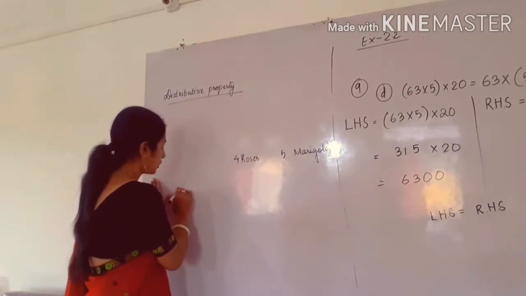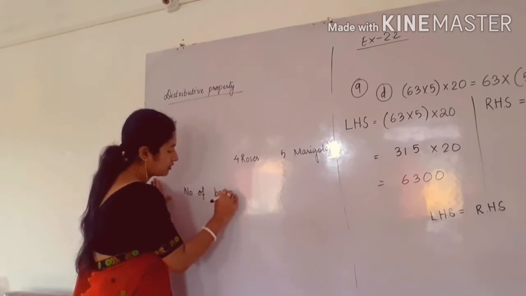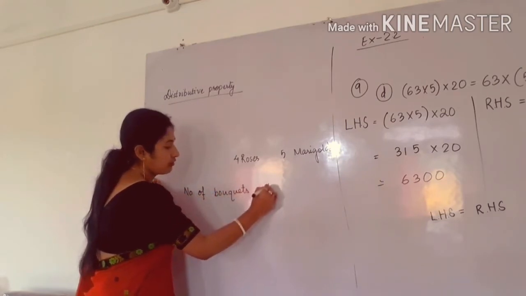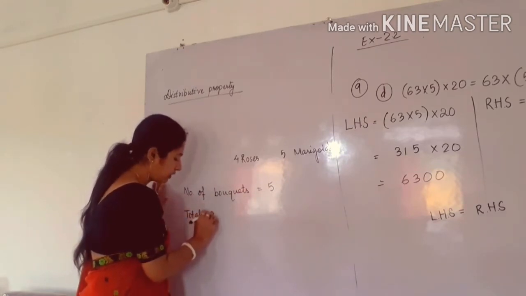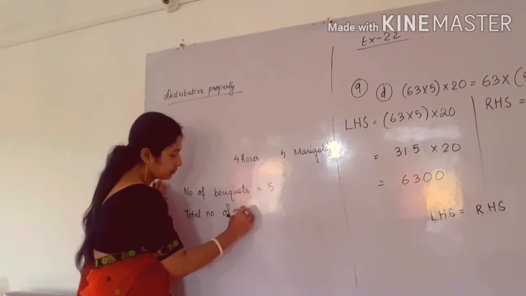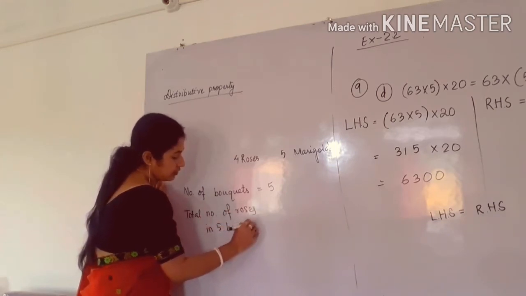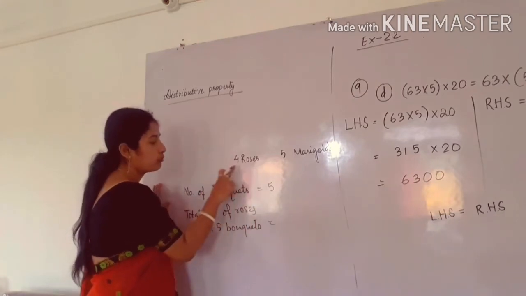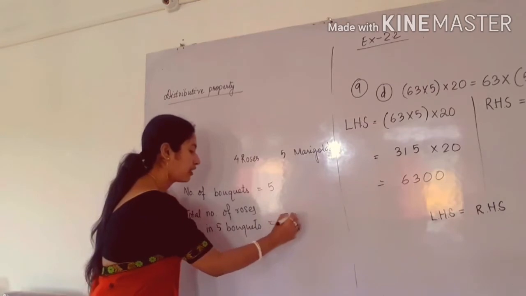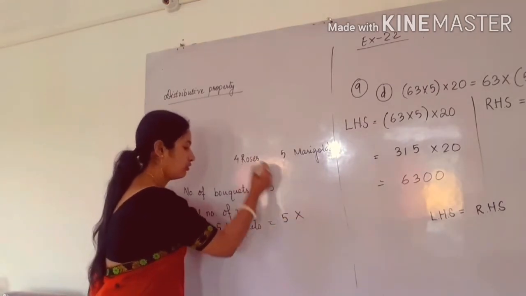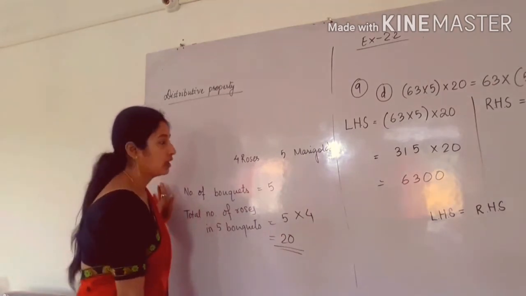So total number of roses in 5 bouquets will be what? If one bouquet is having 4 roses, then in 5 bouquets we have 5 into 4. That is 20 roses we need.